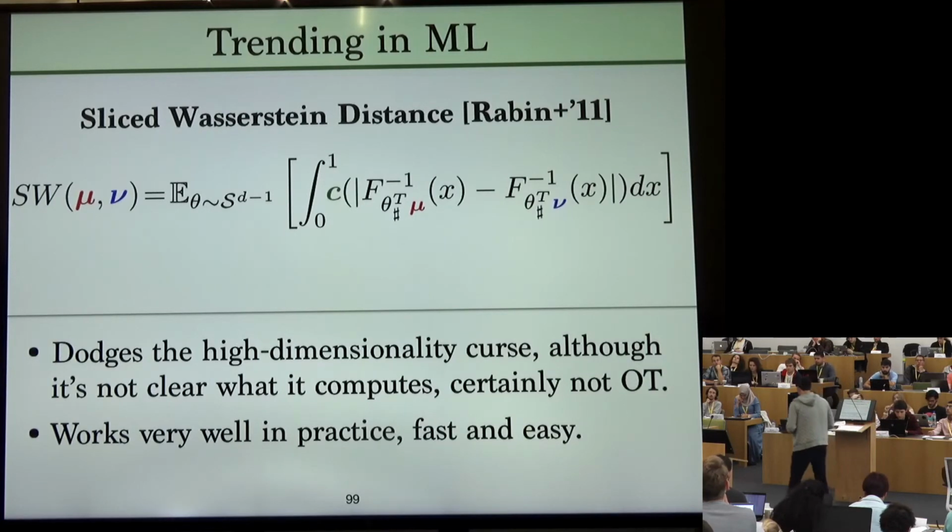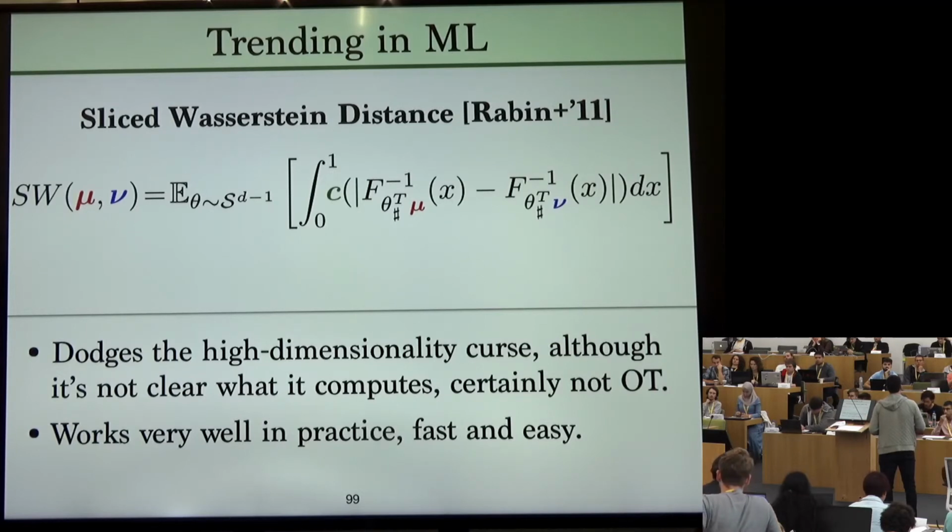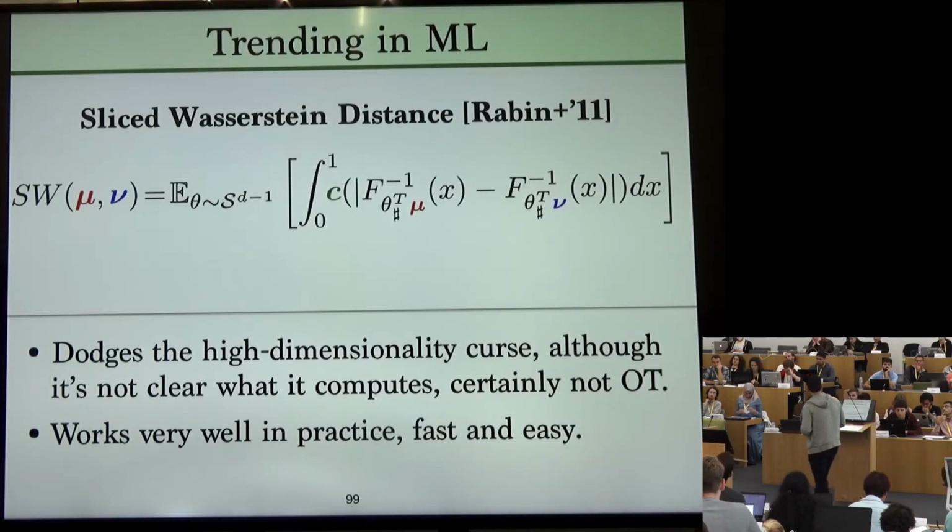They said, well, you know what, if computing transport in 1D is so trivial, why don't we take any point cloud in higher dimensions, project it randomly on a bunch of directions, and solve optimal transport on those lines, and then we average whatever we get. Okay? So it's a cheap approximation.